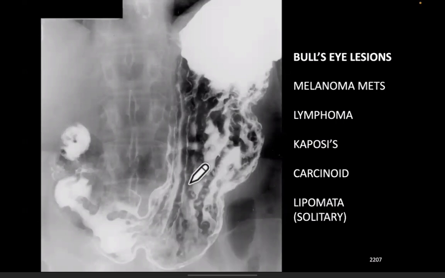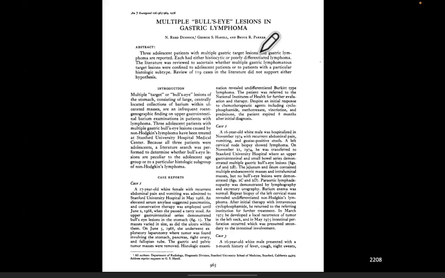Yeah, gastric erosions might look like this, but we very rarely see those these days. Pancreatic rest is another one, but I think that's usually solitary, if I'm not mistaken. Bullseye lesions in gastric lymphoma, 1976, so a long time ago in the American Journal of Roentgenology.